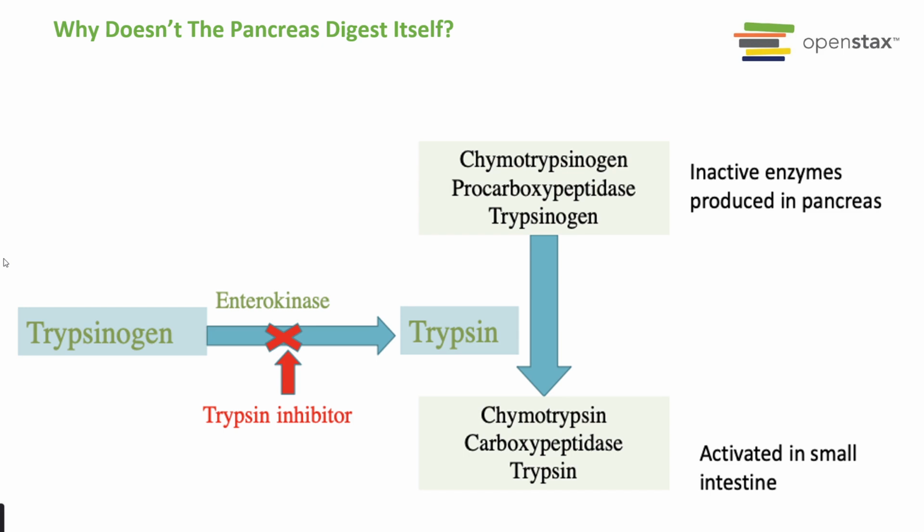Notably, when we're talking about proteases, so trypsinogen as an example, these are produced and released in an inactive form. There is a trypsin inhibitor that is also found in the pancreas that prevents autodigestion, thereby preventing the conversion of trypsinogen to trypsin.